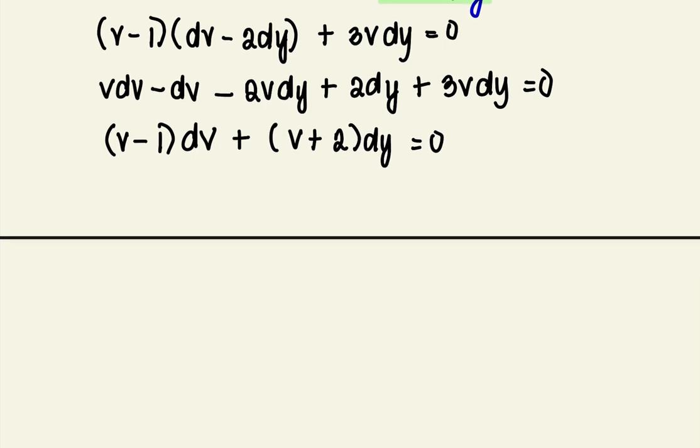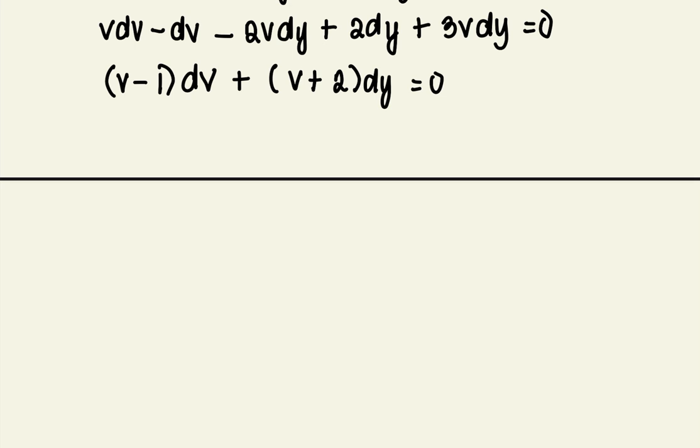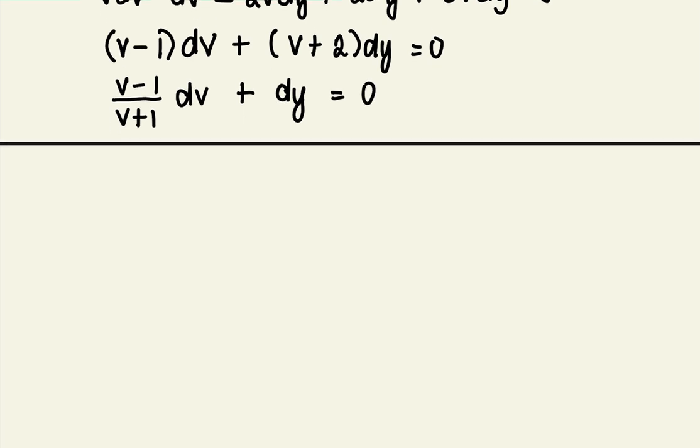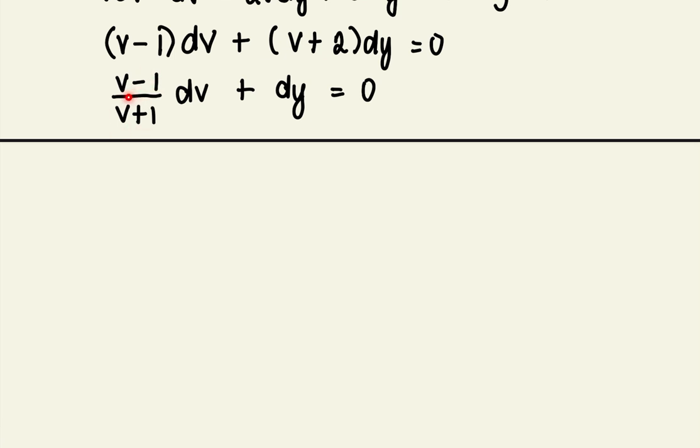And so this is now a separable DE. We have (v minus 1) over (v plus 2) dv plus dy equals 0. What do we do if we have a fraction? We divide. Remember that it's always the first term divided by the first term.